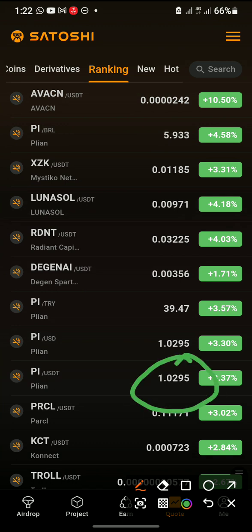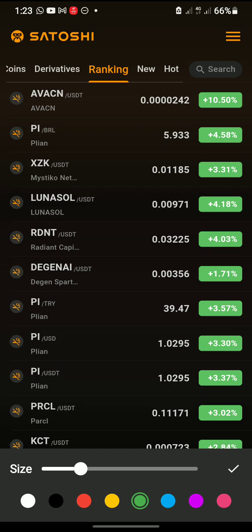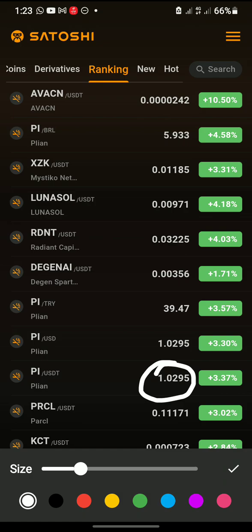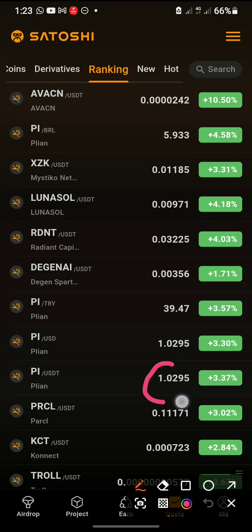Remember, it was at $0.8, and now it is increasing to 1 point.